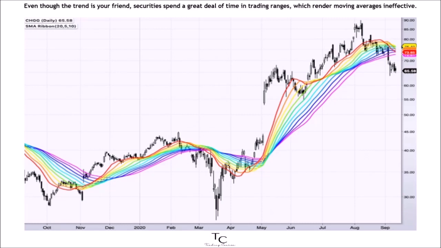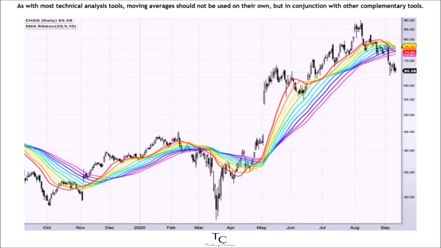Even though the trend is your friend, securities spend a great deal of time in trading ranges, which render moving averages ineffective. Once in a trend, moving averages will keep you in, but also give late signals. Don't expect to sell at the top and buy at the bottom using moving averages.